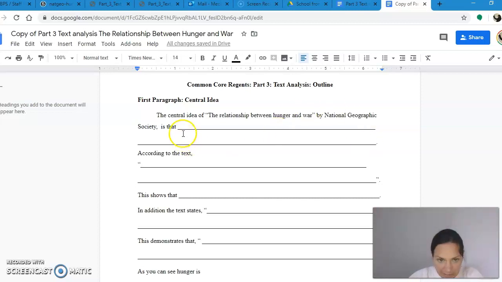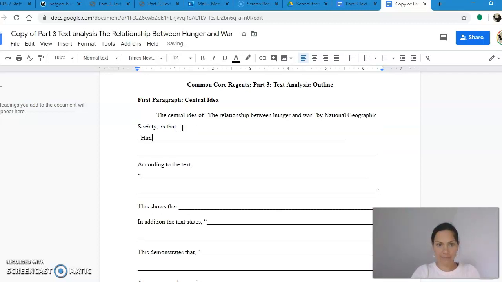Okay, so here in the first sentence of your paragraph, you always state the central idea of, and then you write the text name, the relationship between hunger and war by National Geographic Society is that hunger can be used as a weapon against the citizens of a country.